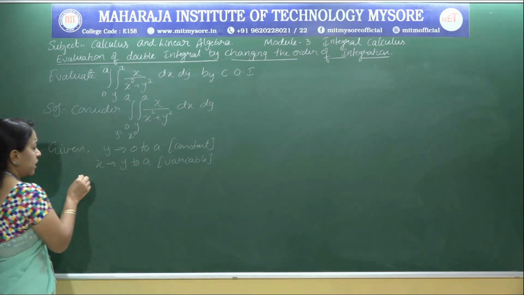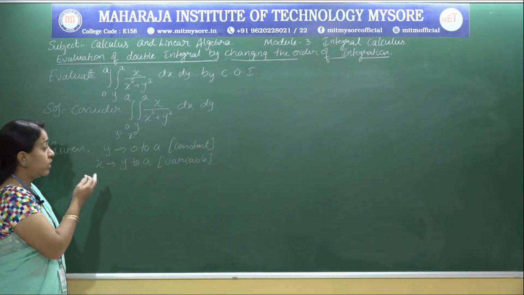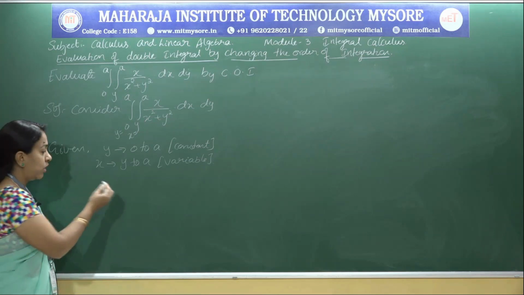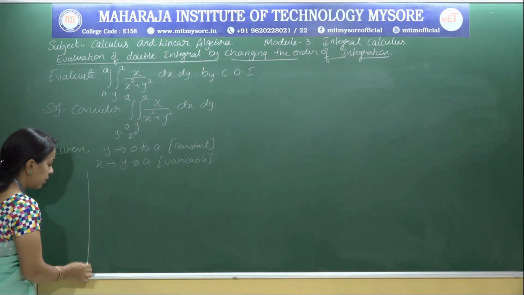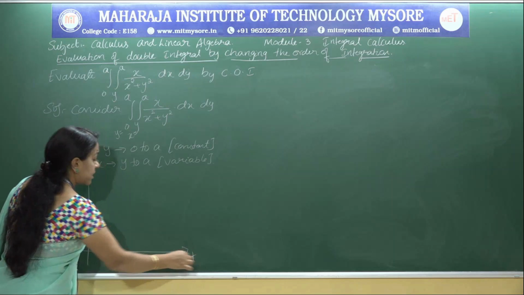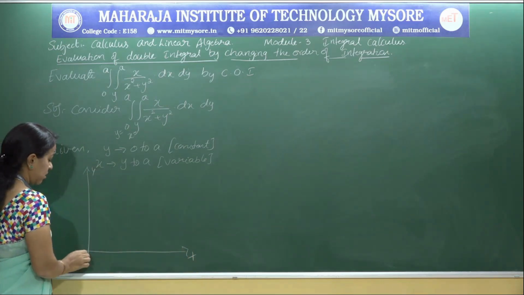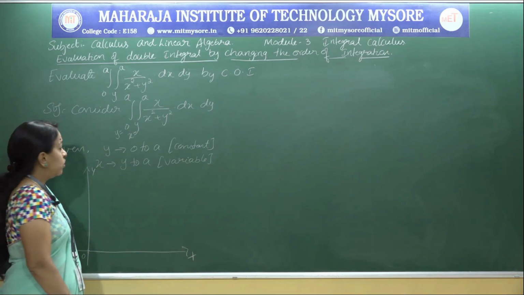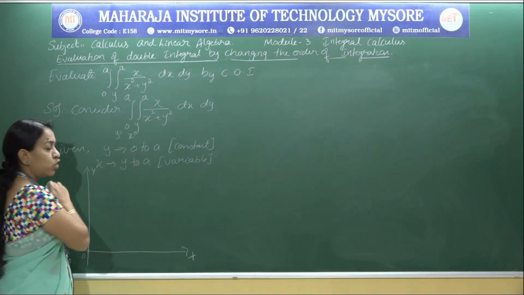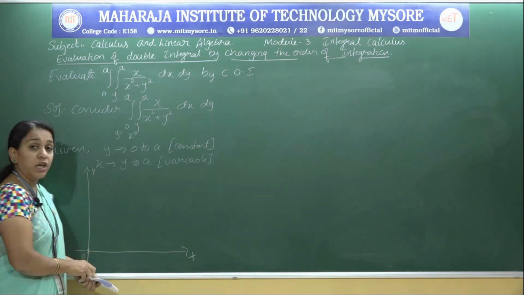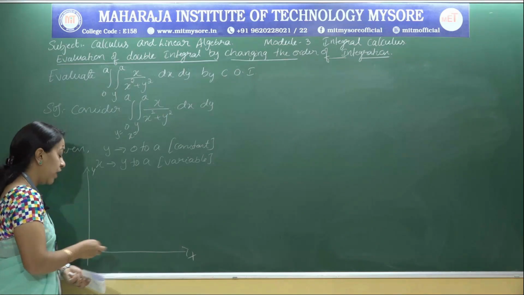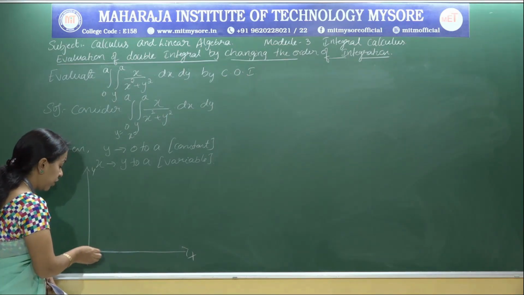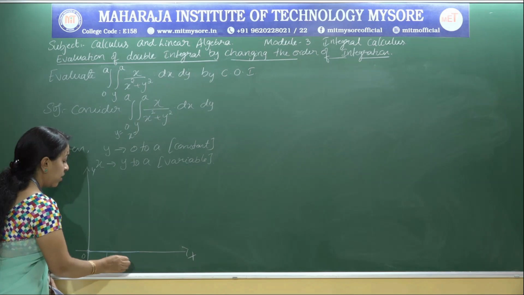So consider or represent the given curves or lines in a coordinate plane. So consider a coordinate axis, x and y axis, right. So the first one, y equal to 0. We know that y equal to 0 is the equation of the x axis. This is our y equal to 0.